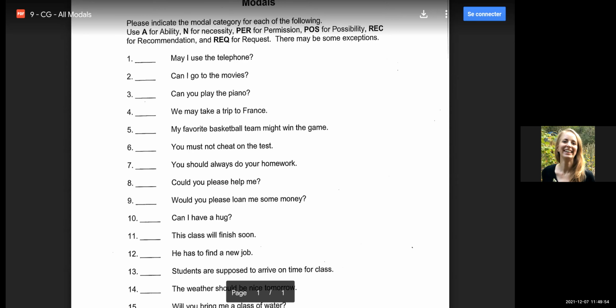This is not advice. It's not a recommendation. It's the one for necessity. It is absolutely not allowed. You cannot cheat. You must not cheat on the test. Necessary.